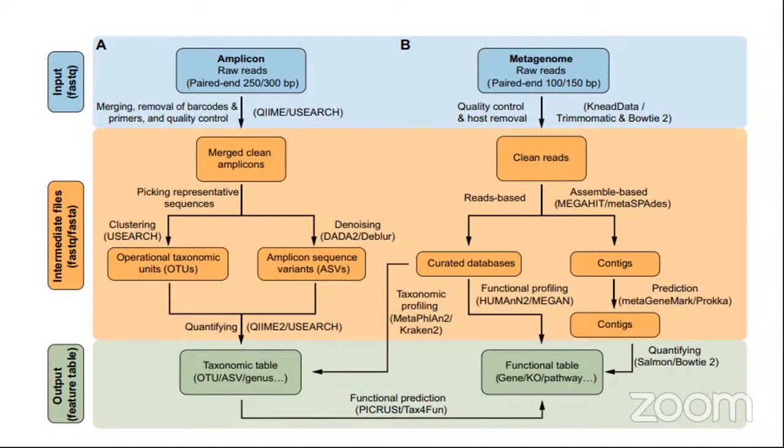If you have an assembly of your genome, you can take advantage of the different databases which have the information for functionally annotating your genetic features. And either you can go for a taxonomic profiling or identifying the functional pathway and go for a pathway analysis. And same for the contigs prediction using Prokka. Prokka is for prokaryotes, and you can identify the contigs and go for a functional analysis.